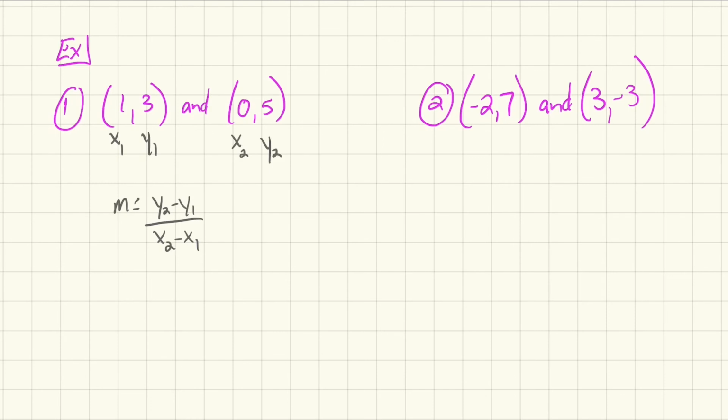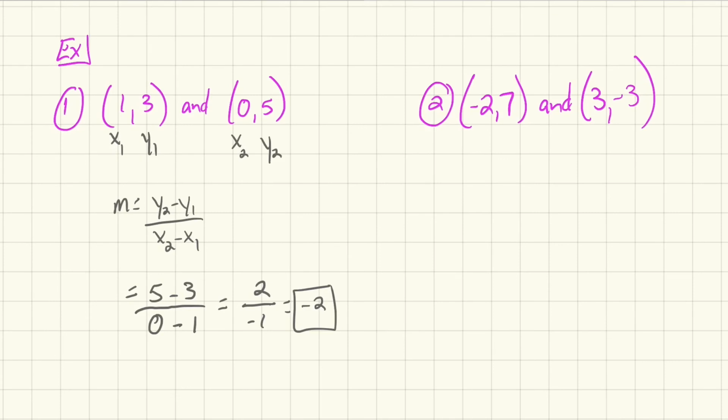So that's going to end up being 5 for y sub 2, 3 for y sub 1, 0 for x sub 2, and 1 for x sub 1. Now, we don't have anything else to do here. We can just simplify the numerator. 5 minus 3 is 2. 0 minus 1 is negative 1. So our slope is just negative 2.